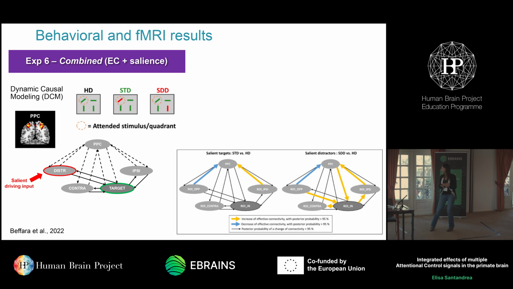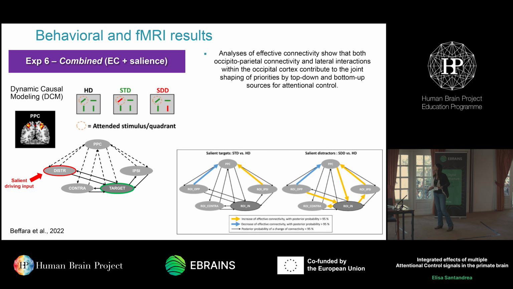And all the models were compared, and in the end, the general picture is that both lateral connections within the occipital cortex and connections with the parietal lobe contribute to the encoding of both top-down and bottom-up control signals.